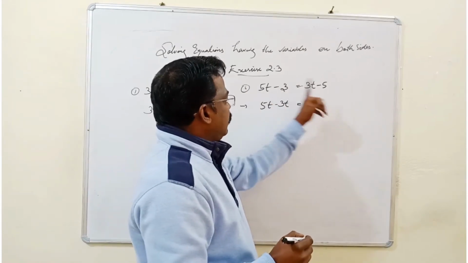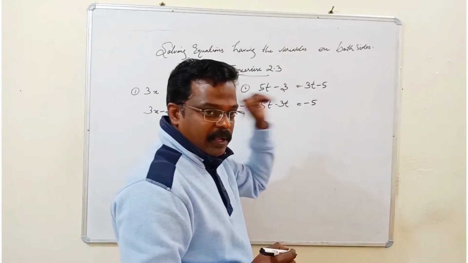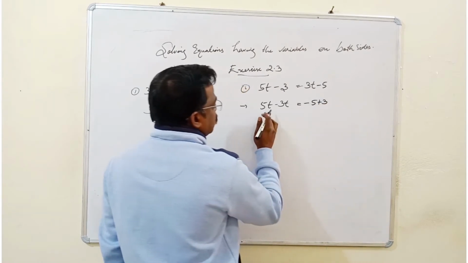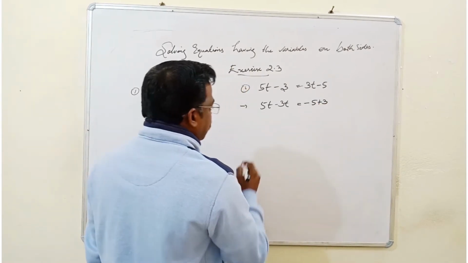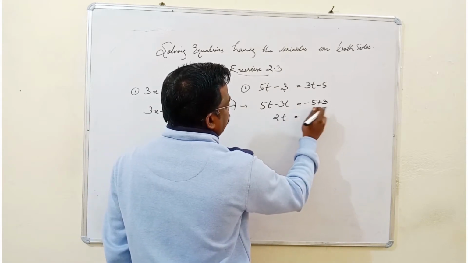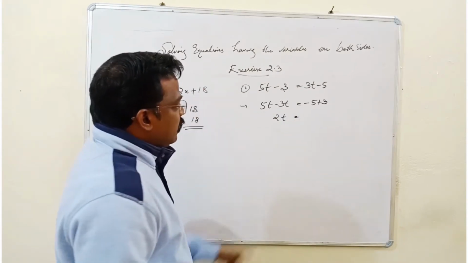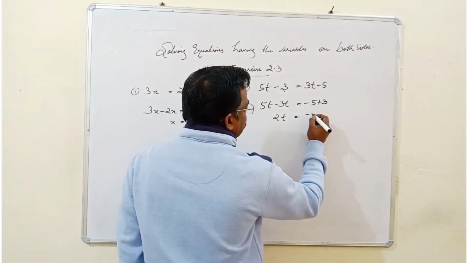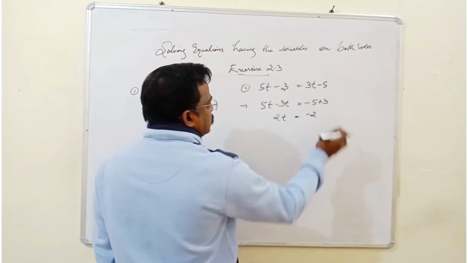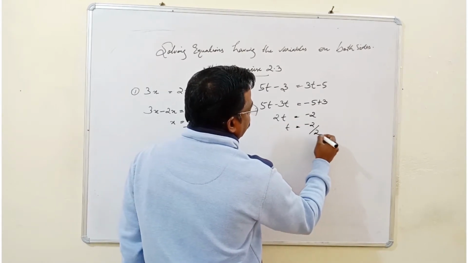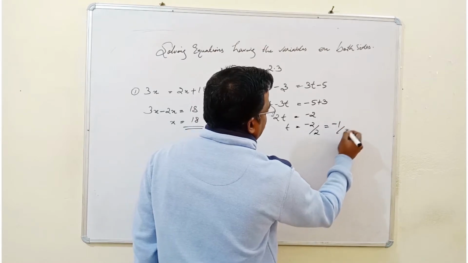This minus 3 will come to this side. What will happen? It will become plus 3. So 5t minus 3t, 5 minus 3, 2t equals minus 5 and plus 3. What is the difference here? Minus 2. Okay, so t equals minus 2 by 2, that equals minus 1.